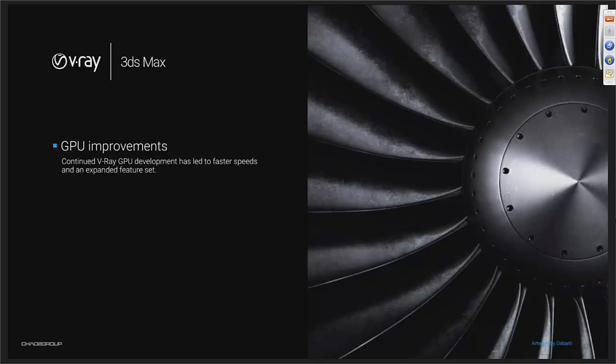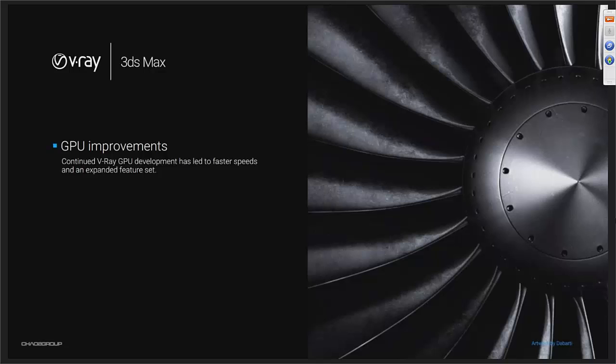From our side, we have a dedicated GPU team, and since V-Ray 3, they improved and are improving constantly the GPU rendering in V-Ray. And this is definitely the GPU service pack with a bunch of new stuff added. Now let me show you how V-Ray GPU evolved since V-Ray 3 came out.